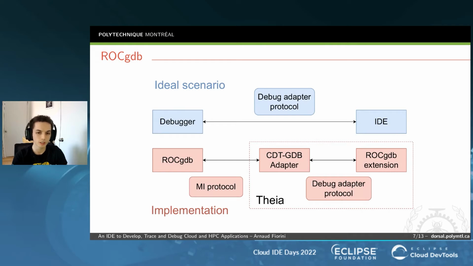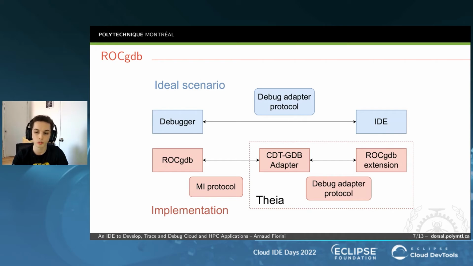And in this case, we used the already existing CDT-GDB adapter to be able to connect ROCgdb to the Theia IDE. In the ideal scenario, the debugger will implement the debug adapter protocol, but in our case, it goes through an adapter because the debug adapter protocol hasn't been yet implemented to GDB.